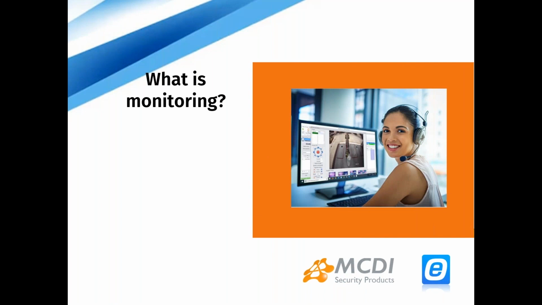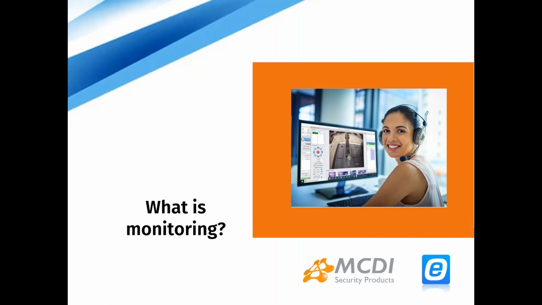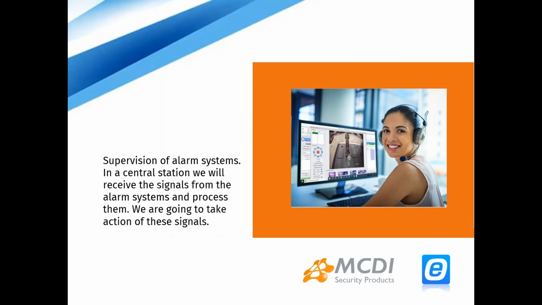So what is a monitoring central station? Well, it's the place where you are going to receive all the events of the alarm systems, and you are going to process them. That's the important thing. That is 24 hours, 7 days. And as Roberto told us before, maybe you can receive all notifications from the E-series on your phone.